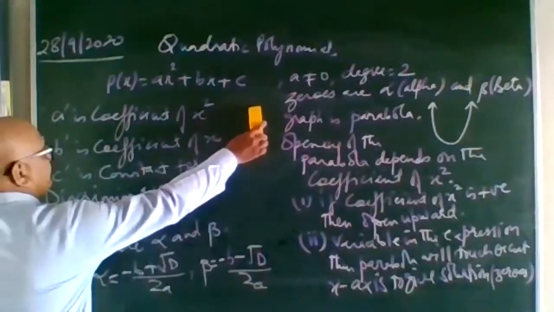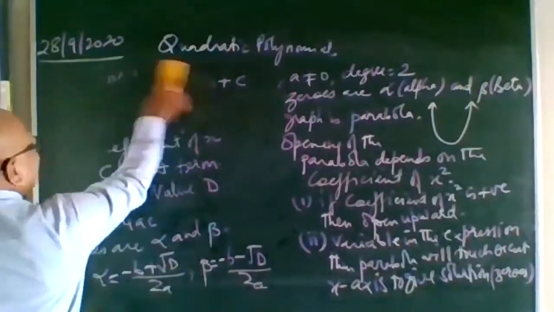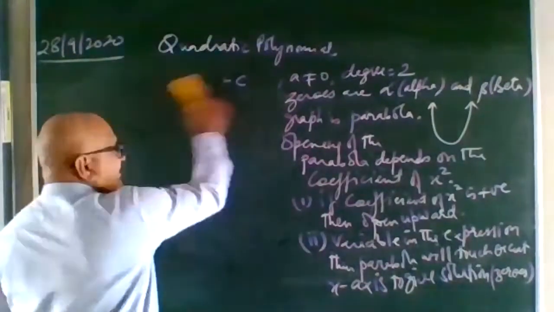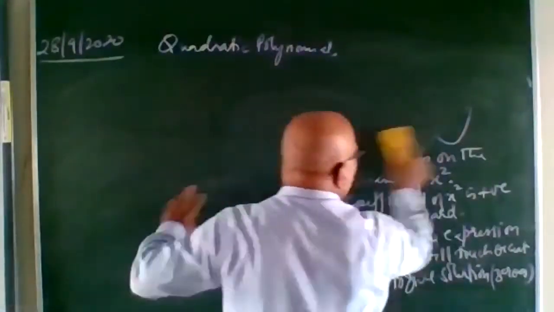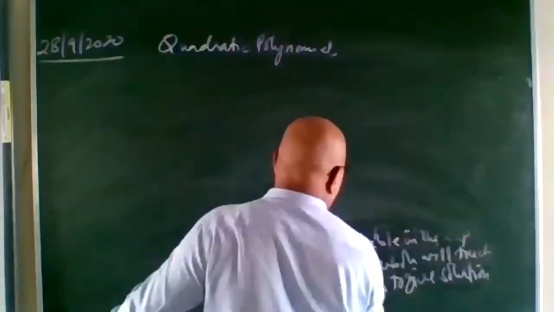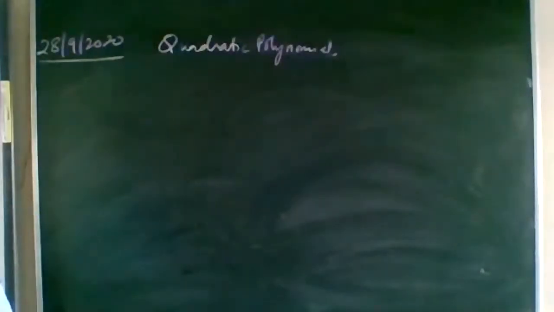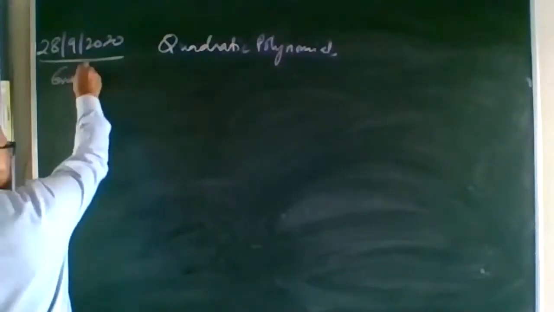After this, you will find the quadratic polynomial graph.